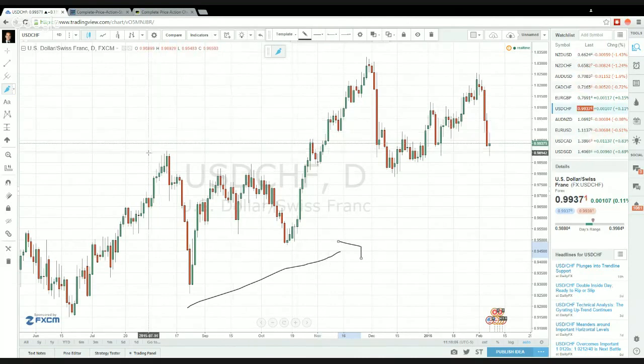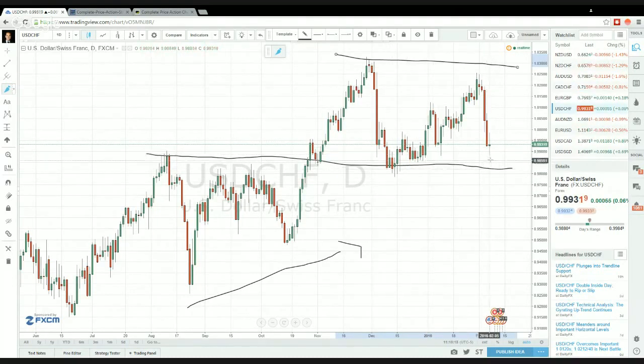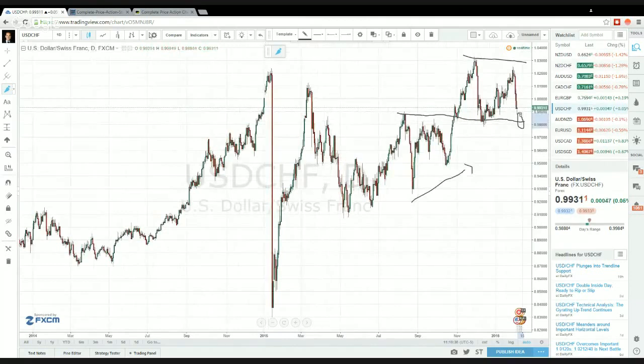Now, what do we have? We have this around here, which is a support. And I'll just put the resistance here. So the way we're looking at this is we're looking to buy around that zone. So if price comes back to that zone, we could be looking to buy if we have enough evidence, as I said. So that's pretty much what I'm looking for here. There's nothing much to see, I think. It's pretty clear.